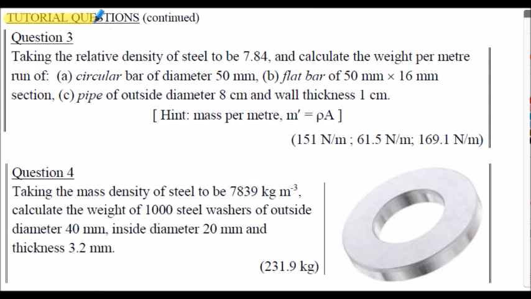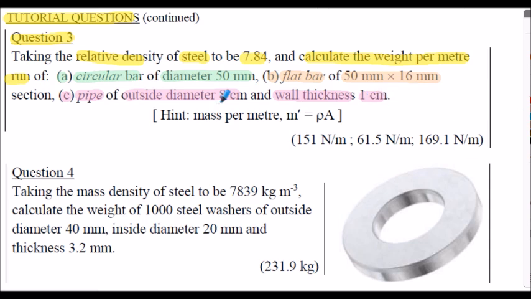Tutorial questions continued. Here's question 3. Assuming the relative density of steel to be 7.84, we've got to calculate the weight per meter run of A, a circular bar having a diameter of 50 millimeters, B, a flat bar of section 50 millimeters by 60 millimeters, and C, a pipe of outside diameter 8 centimeters and wall thickness 1 centimeter.